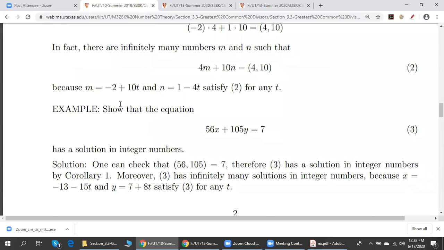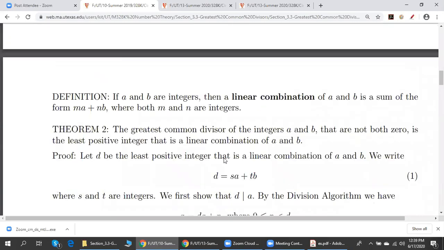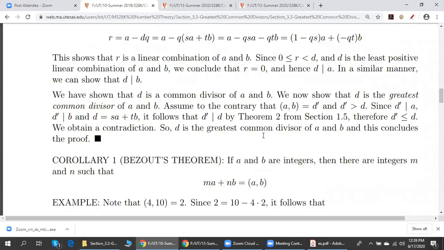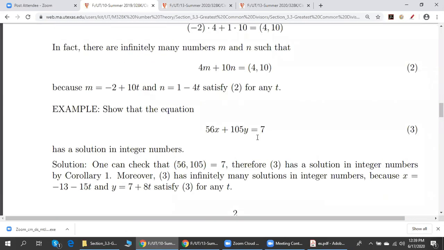Next, show that this equation has a solution in integer numbers. First of all, one can check that the greatest common divisor of these two numbers is 7. We apply the same procedure as before. Conclusion.